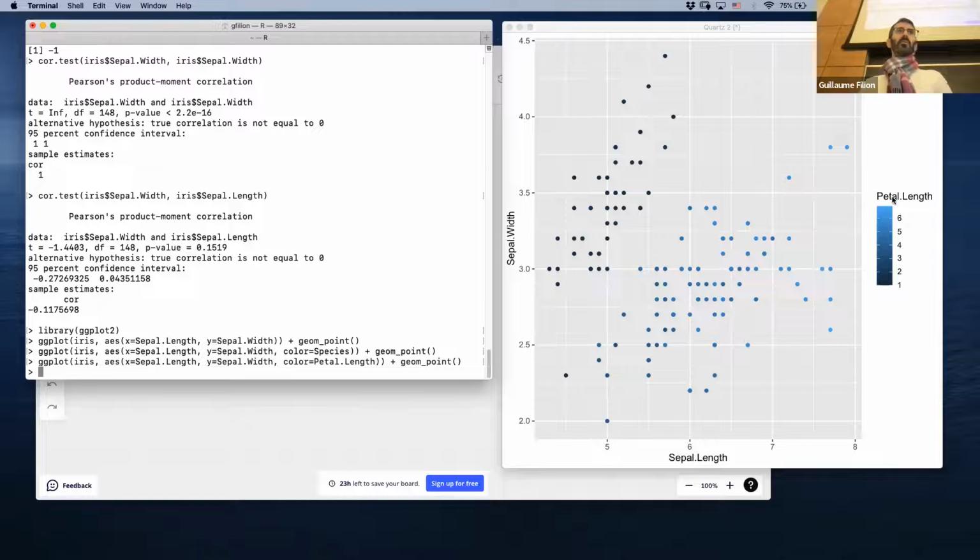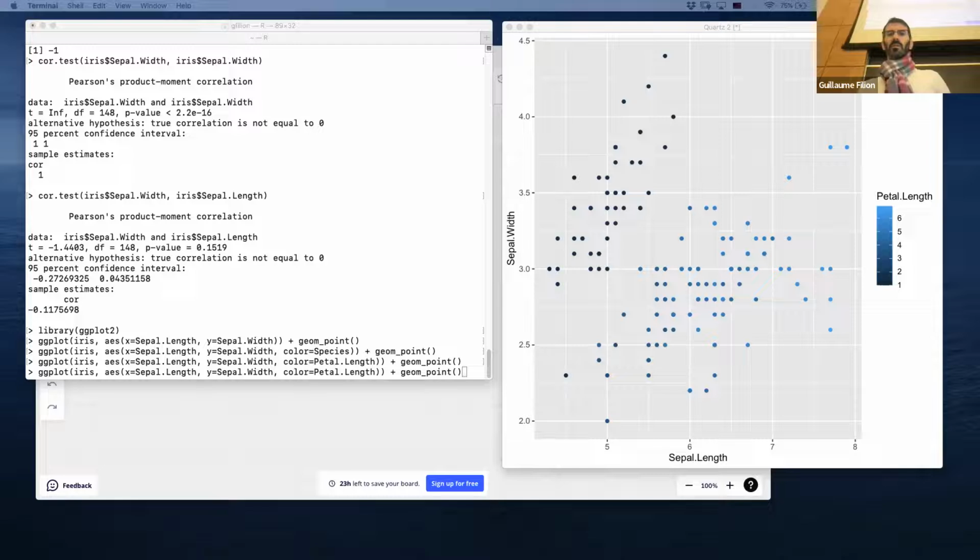So what if you don't like this particular color? You want to use something different. So what are your options? One of them is that you can keep adding things to the ggplot line.